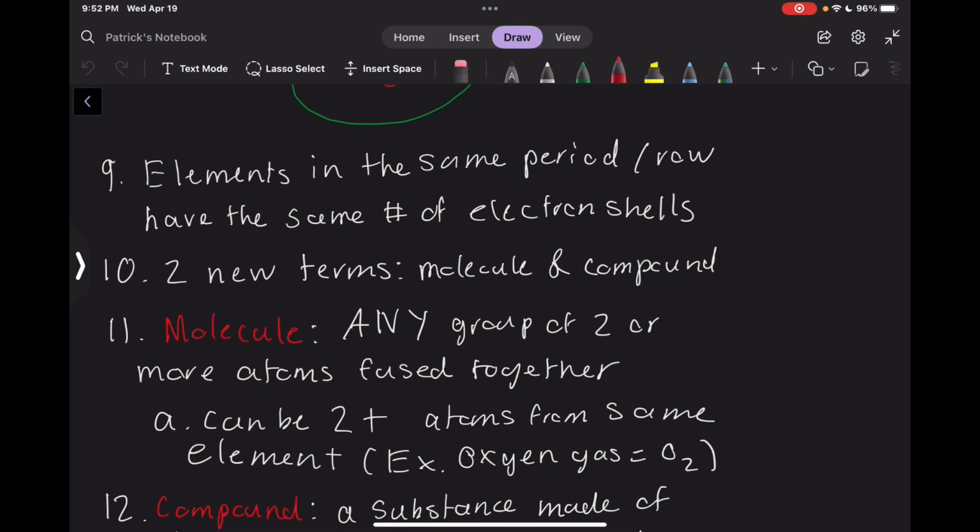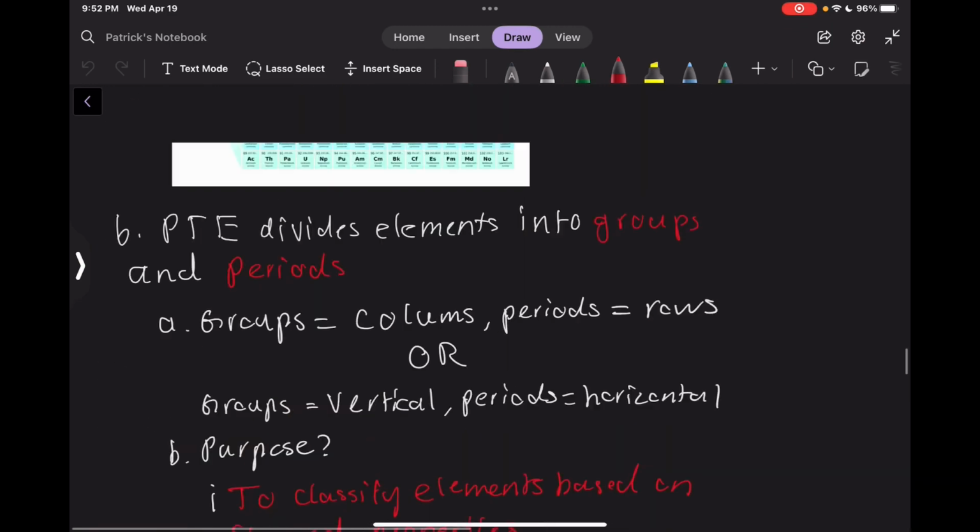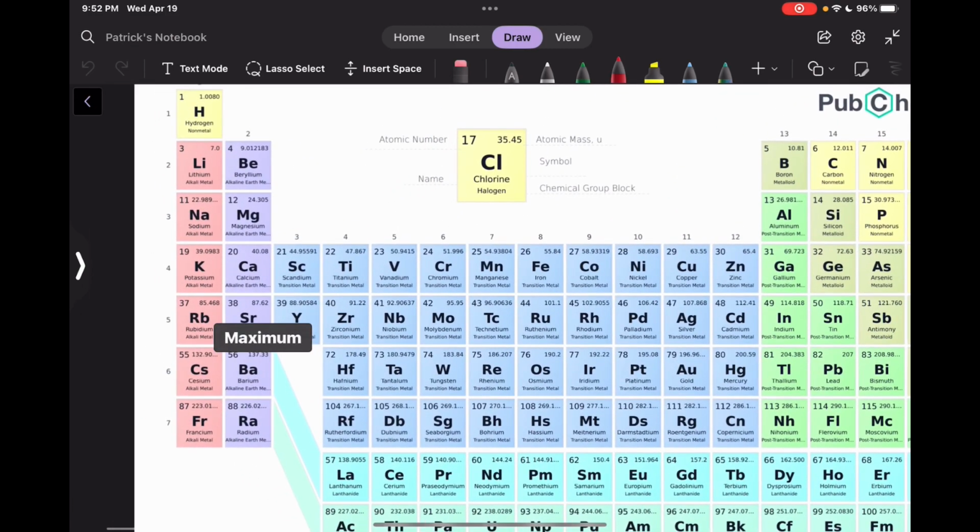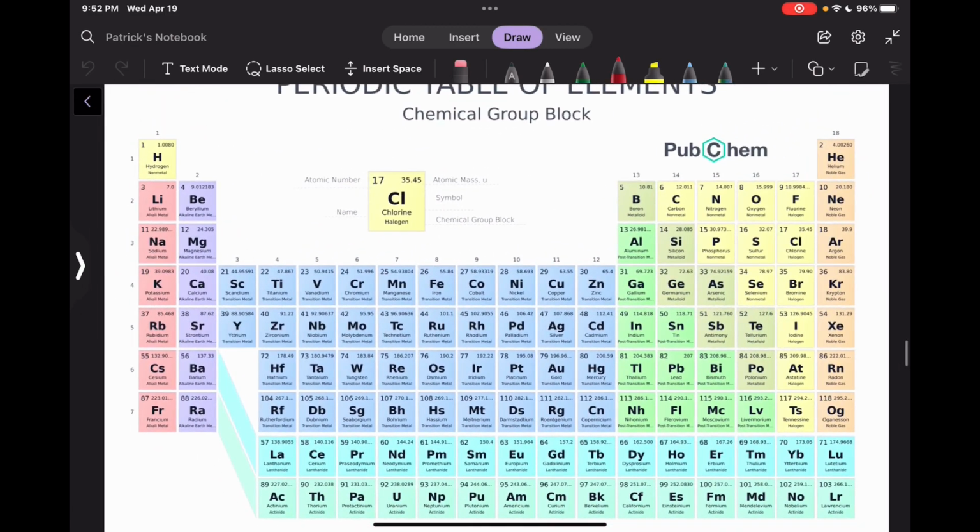Elements in the same period are placed where they are because they have the same number of electron shells. This means that all the elements in period 2, that would be lithium, beryllium, boron, carbon, nitrogen, oxygen, fluorine, and neon, all of these have 2 electron shells.